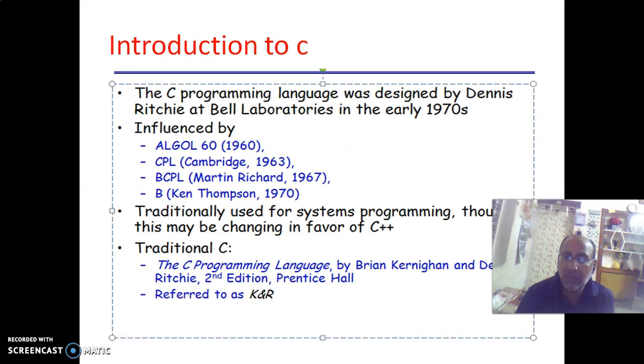Now, next one is the introduction to C language. The C programming language was designed by Dennis Ritchie at Bell Laboratories in the early 1970s.